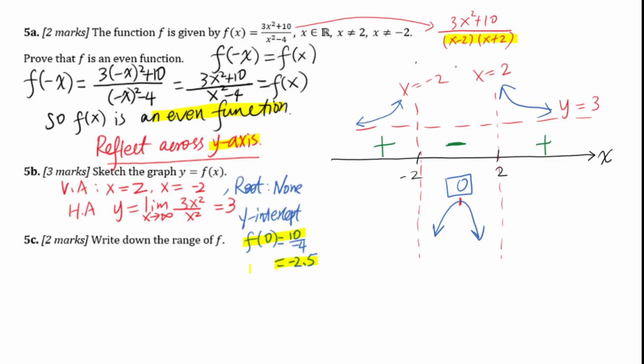In other words, this is the y-axis, and at this point 0, negative 2.5, so the graph will be reflected across the y-axis.